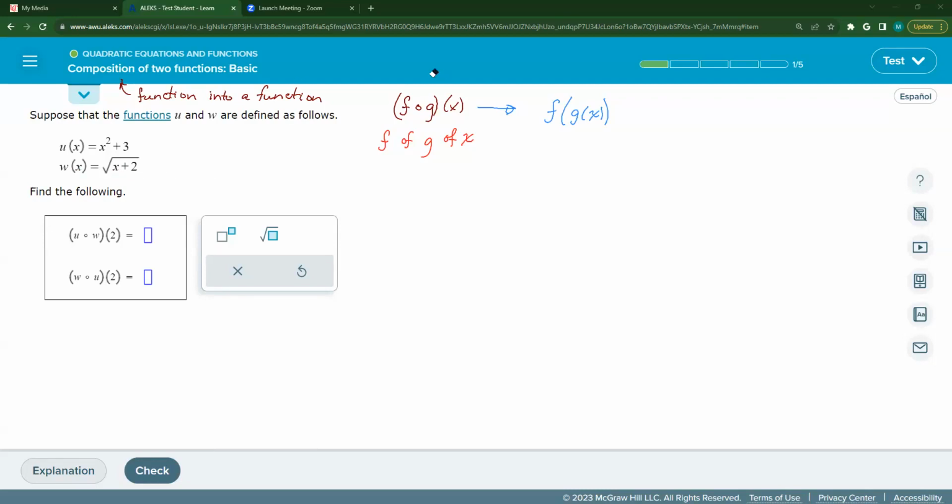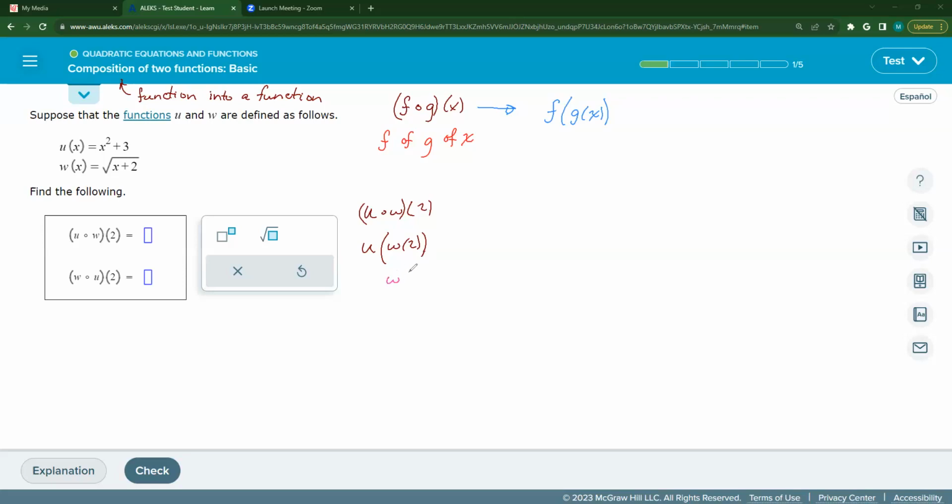This time it's U and W of 2. All right, so the first one is U of W of 2. I'm going to rewrite that as U, big brackets, W of 2. We're going to do that inside stuff first.